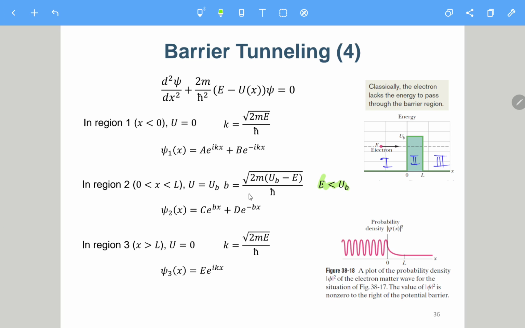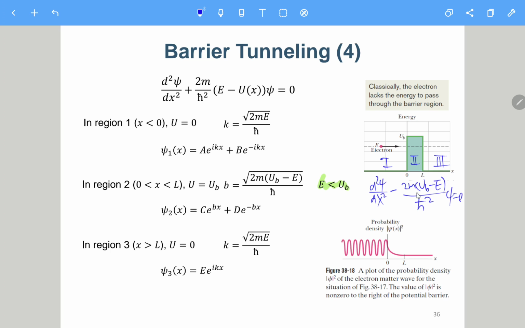We need to be cautious about this case, because here we have d2 phi dx2 plus, I should write it as a minus 2m times (UB minus E) over h bar squared, times phi equals 0.